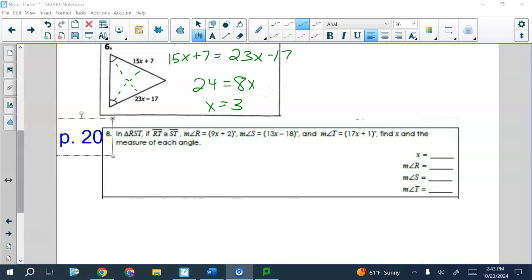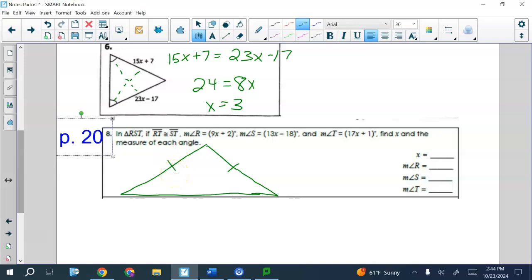All right, number 8, this one is saying to draw your own triangle and giving us some different measurements. So it says in triangle RST, RT is congruent to ST. So I know it's an isosceles triangle, and I know this side and this side are equal.